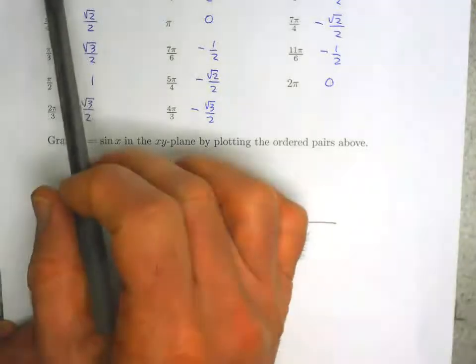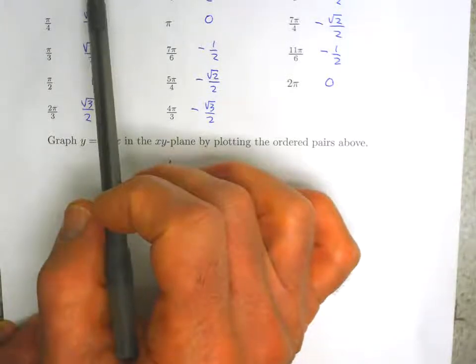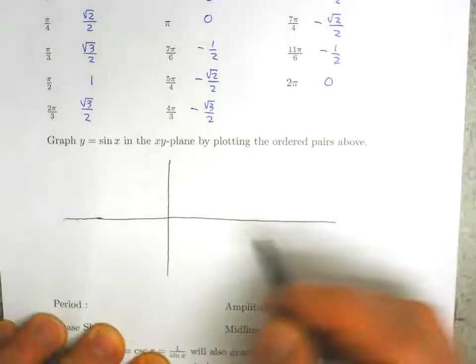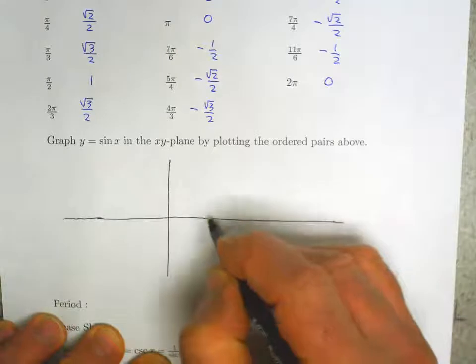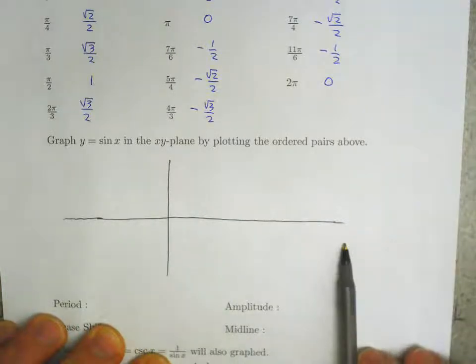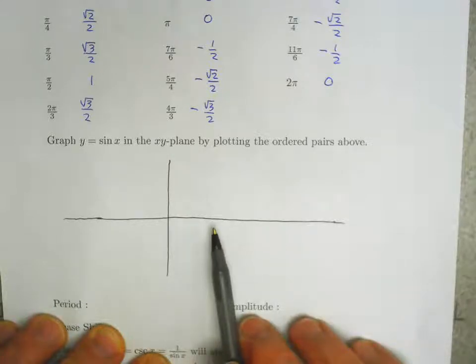So when x is 0, sine of 0 is 0. So the x value is 0. So to the right, I'm going to subdivide the interval from 0 to 2 pi into 4 equal intervals.